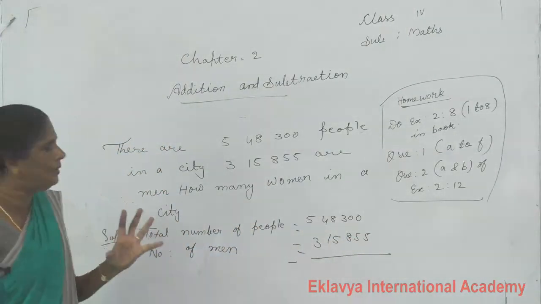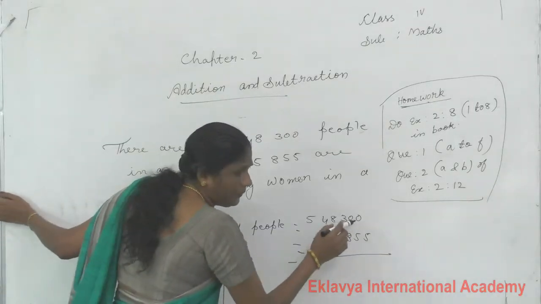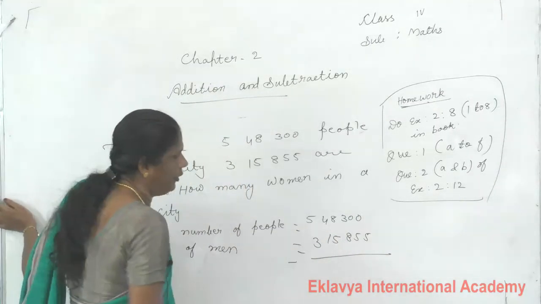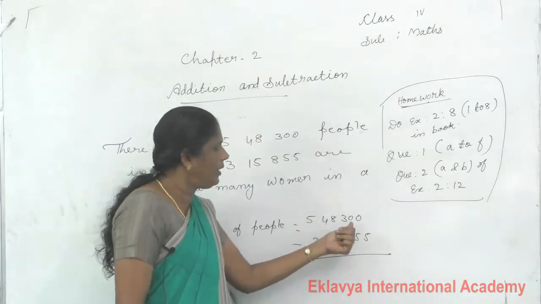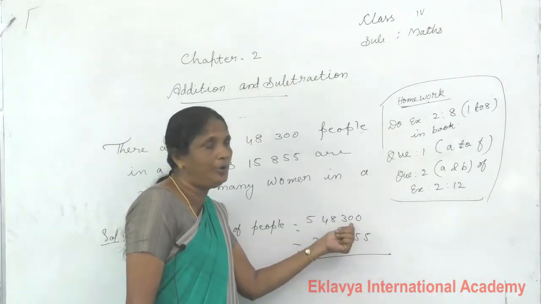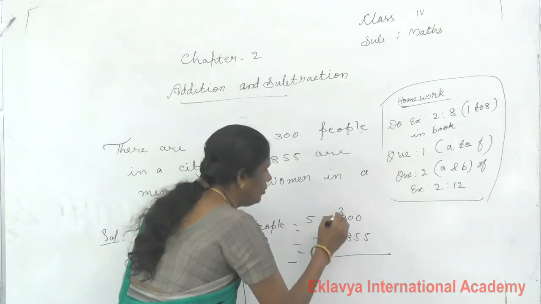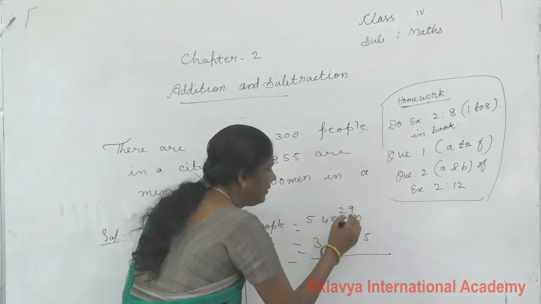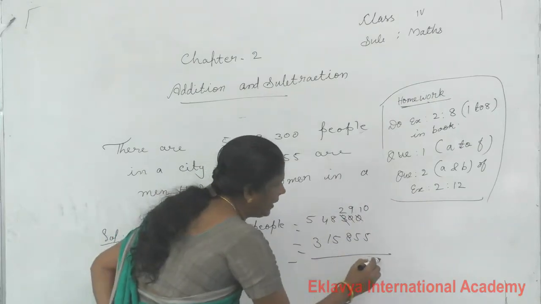What do we do? Subtract. Then 5 take away from 0. Is this possible? No. You take a borrow. Here also 0. You go to the next digit, then this goes 2, this goes 9, this goes 10. 5 take away from 10, 5.